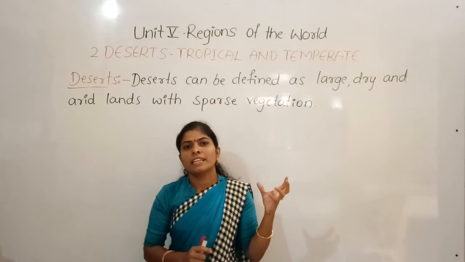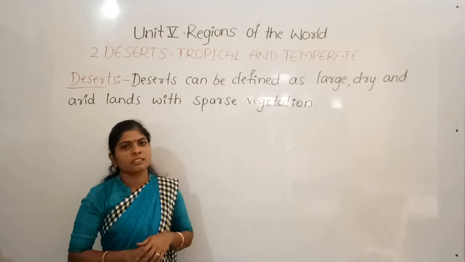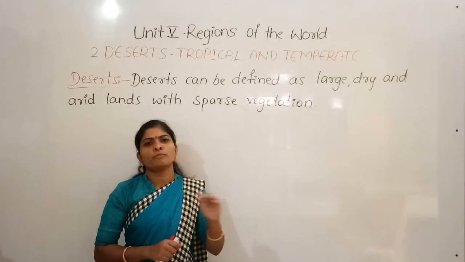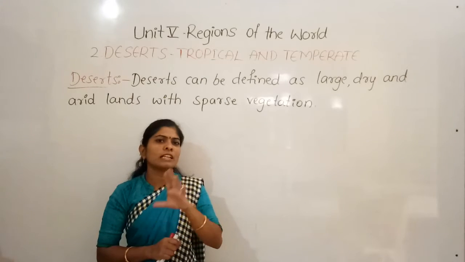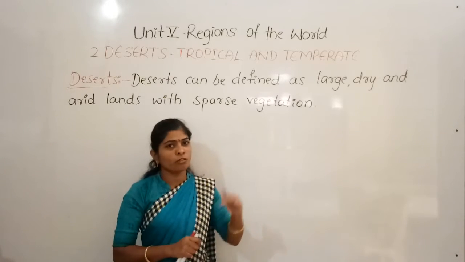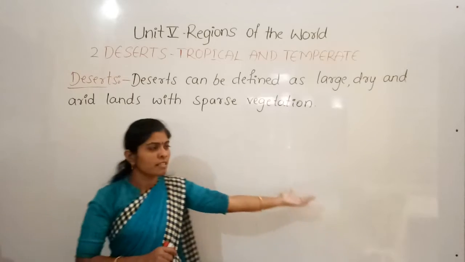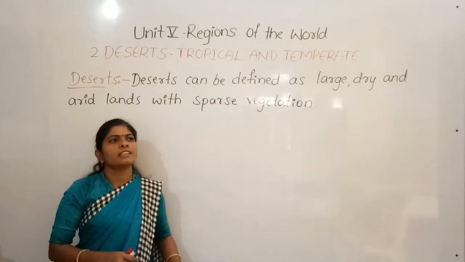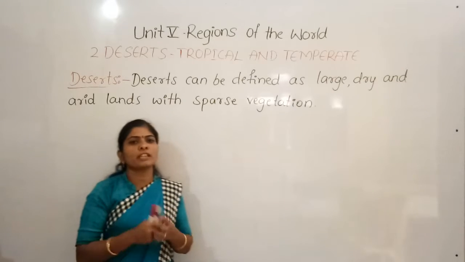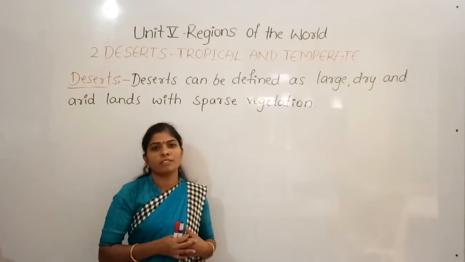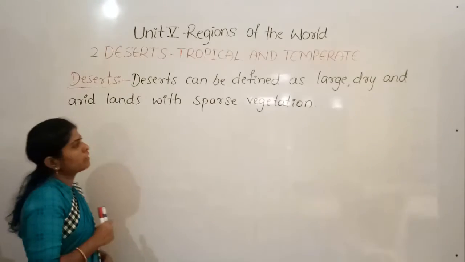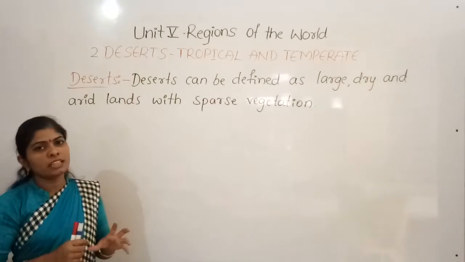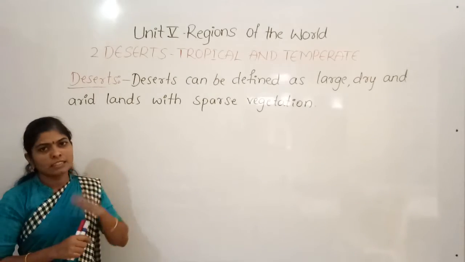Because of these very harsh climatic conditions, life for animals and humans is very difficult in these areas because of the low vegetation. There is great difficulty in getting food for survival, so it is very difficult to survive in these regions.